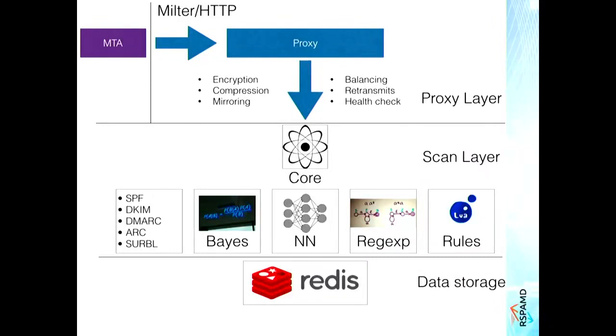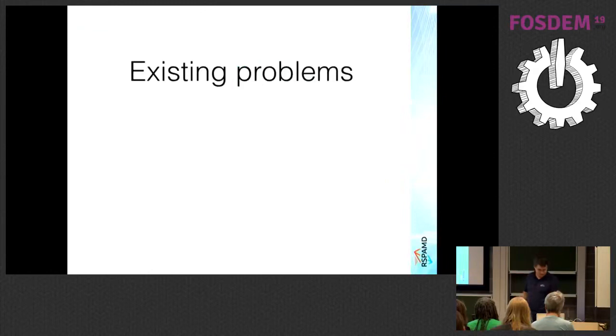In our situation, we don't use a separate proxy layer. We combine proxy and scan layers, so it operates in self-scan mode. Internally, it uses different things, and actually all of them, with the exception of Bayes, are used for now. So we use even neural networks. I'll talk about it a bit later because it's a bit of a tricky topic.